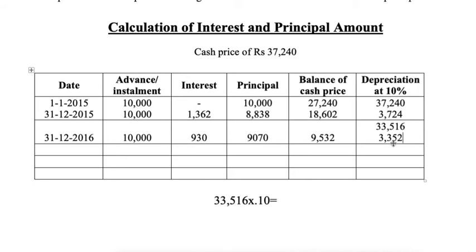We'll make it 3,352. So this is the second depreciation. We can write it down like this here for our convenience. So this is the first depreciation amount here, right?